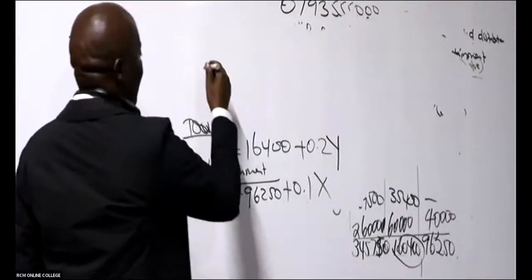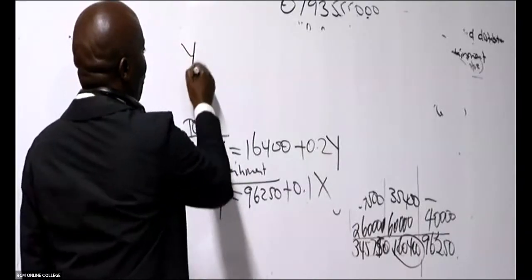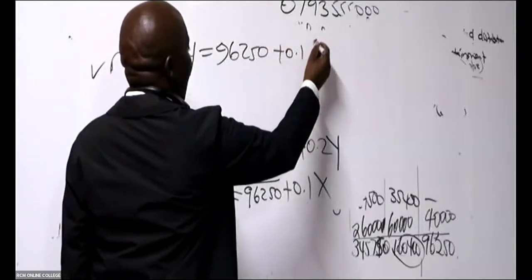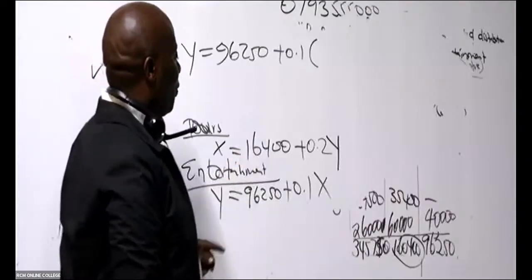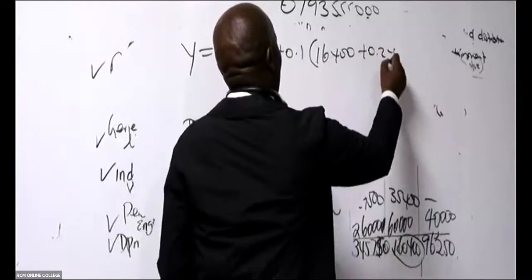In that case, from the second equation we are saying that Y equals 96,250 plus 0.1X. And X, are you able to see the X figures? The X is 160,400 plus 0.2Y.